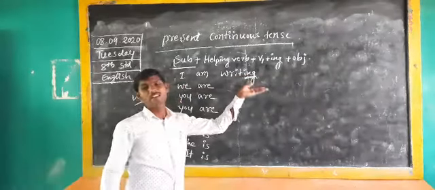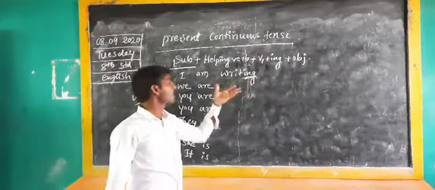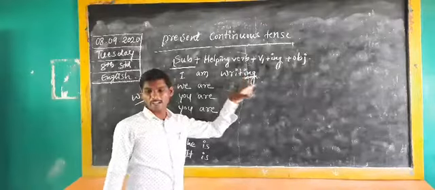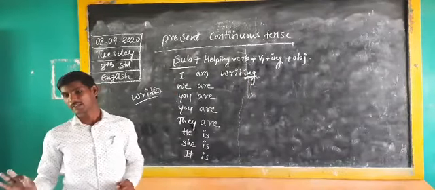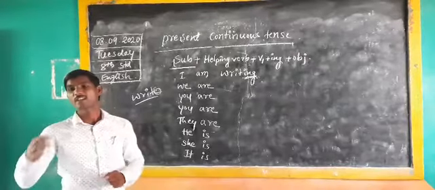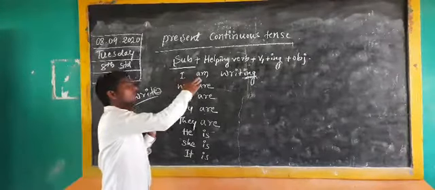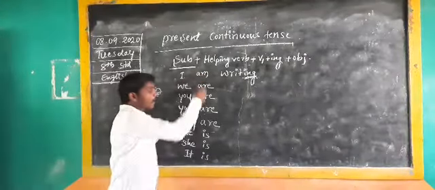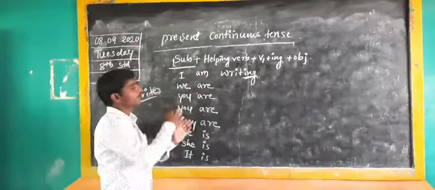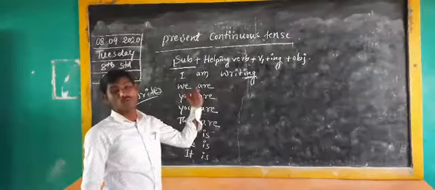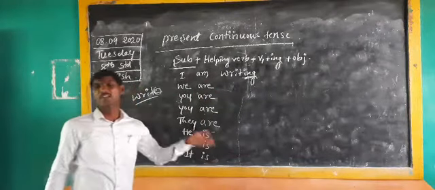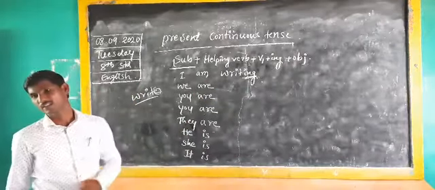When we find a verb with the ing form, you should understand that the action is not complete. That action is continuously going on. When helping verbs like am, is, are are there before the main verb, you should understand that the statement is in present continuous tense.